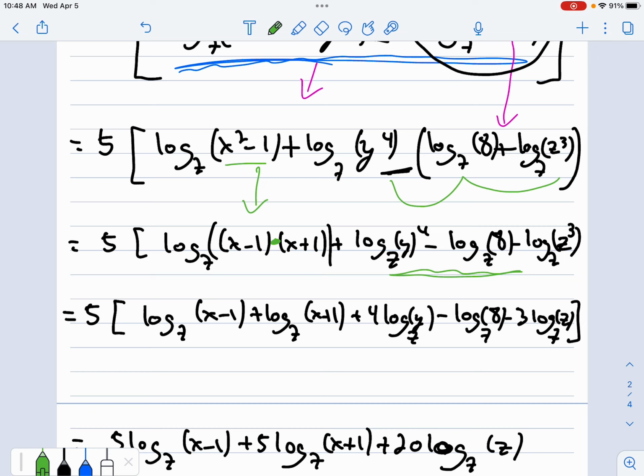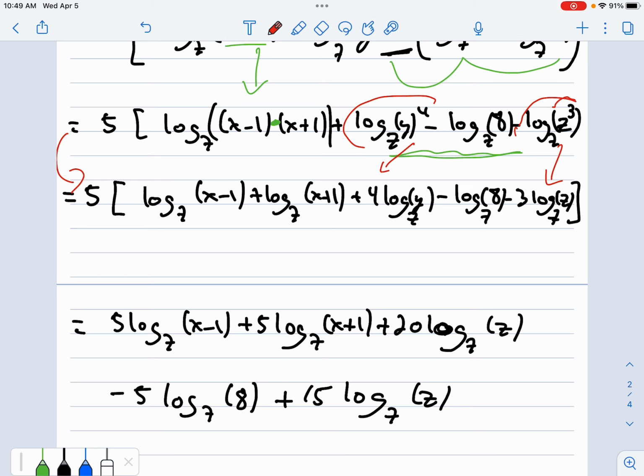Now, a couple other things I did going from this line in red to this line: I put the 4 in front, and the 3, which was an exponent, I also put in front.